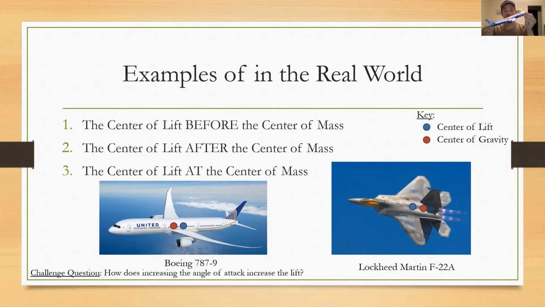Okay? And in general, for most wings, as you increase the angle of attack, the lift increases up to a certain point. And then at a certain point, it just completely stalls, and then it goes to no lift. But for the most part, the higher the angle of attack, the more lift is generated.